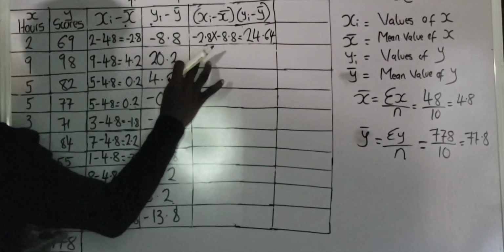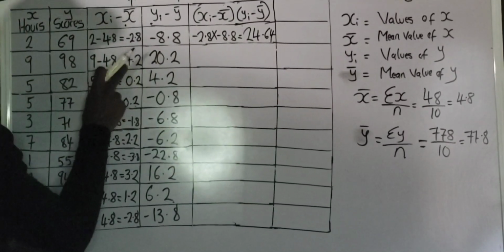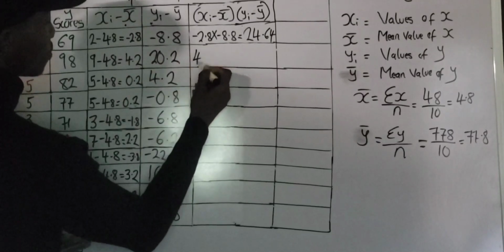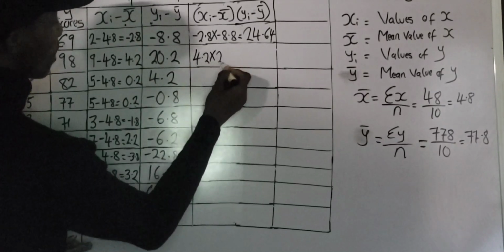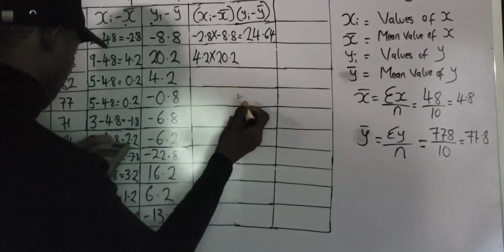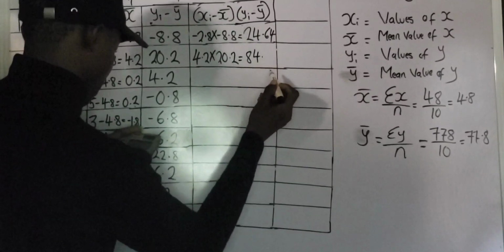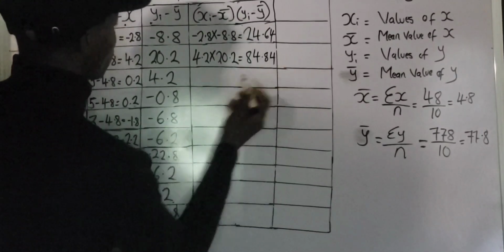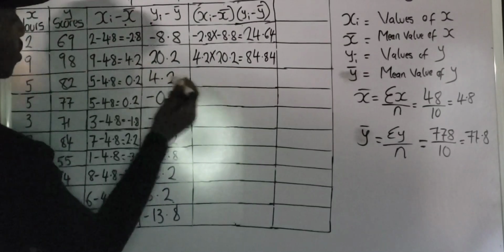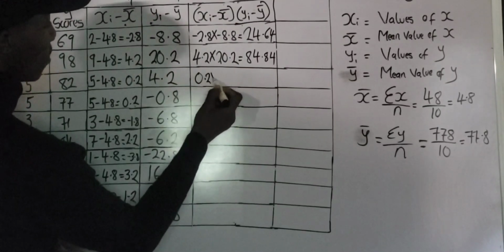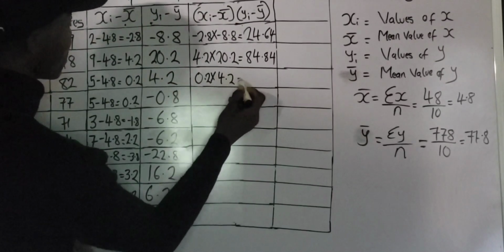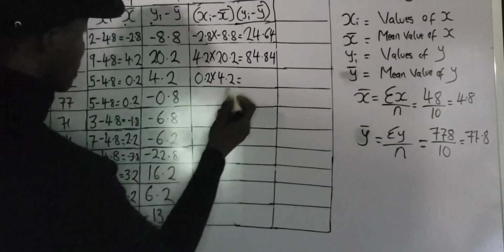To get the value of these cells, I'm going to take the product of these cells and these cells. That will be 4.2 multiplied by 20.2, and that will give me 84.84. For these cells, we're going to take the product of 0.2 multiplied by 4.2. You understand? If you take that product, you're going to get 0.8.